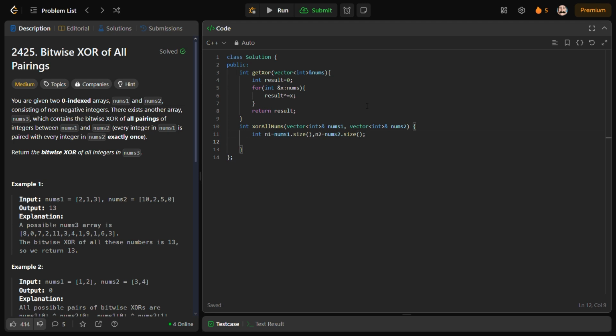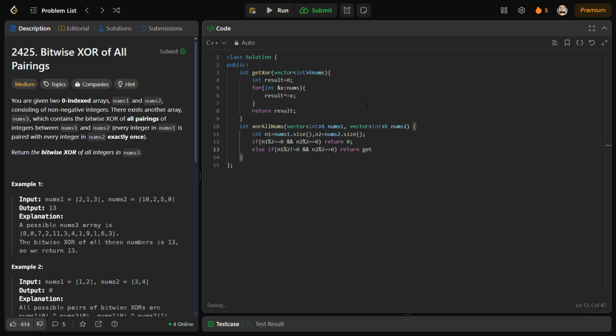Now according to all our cases, the first case, if n1 is even and n2 is also even, then what will we do? We will return 0. Else the second case will come if n1 is odd and n2 is even. Then what do we have to do?